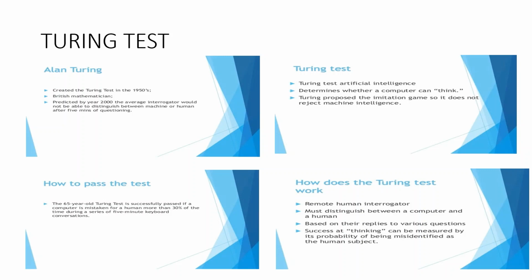How to pass a test? Many of you were thinking that in school we have to learn so many things, and after learning that we pass the test. How do machines pass the test? They know all the things.